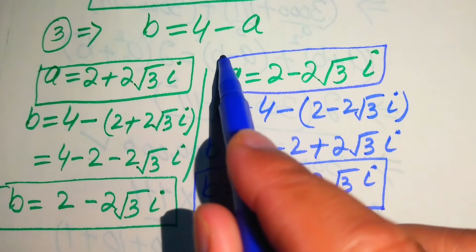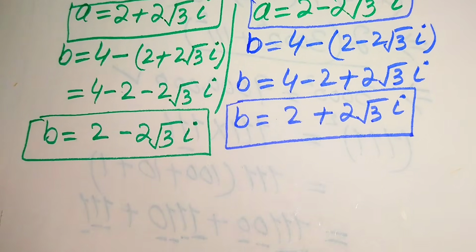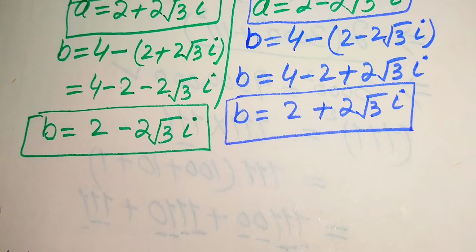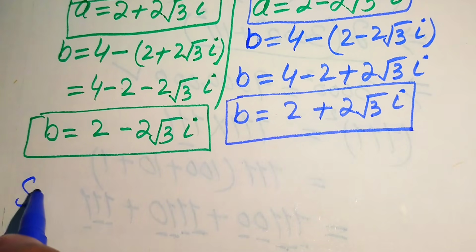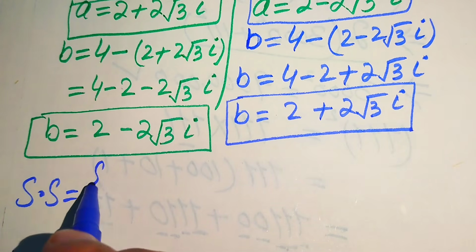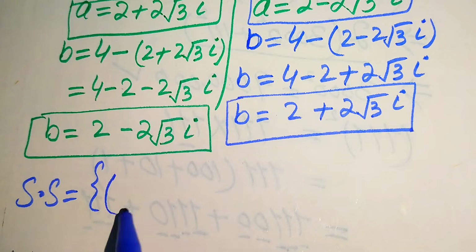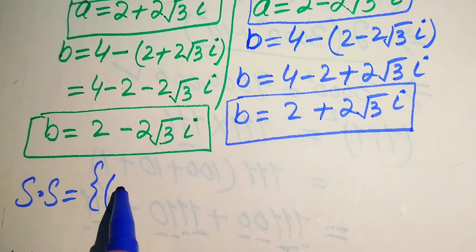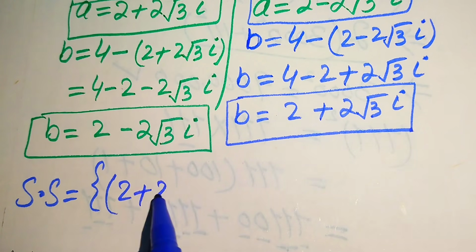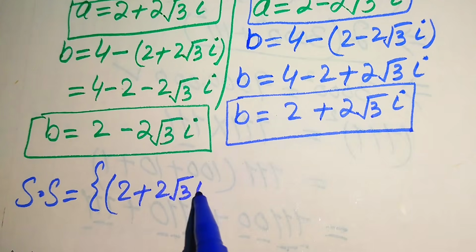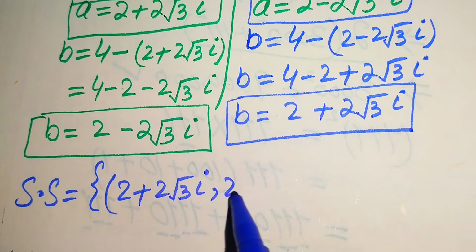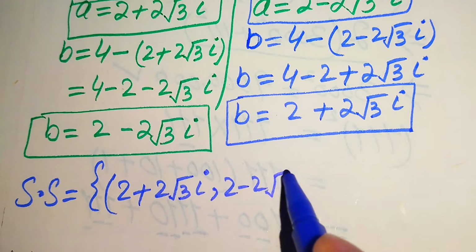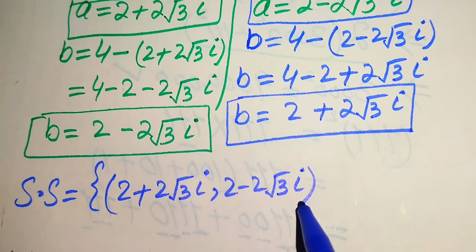So finally we obtain that there are two solutions of the given equation, and these solutions are, here our first pair of solution is 2 plus 2 times square root of 3 into iota and 2 minus 2 times square root of 3 into iota.